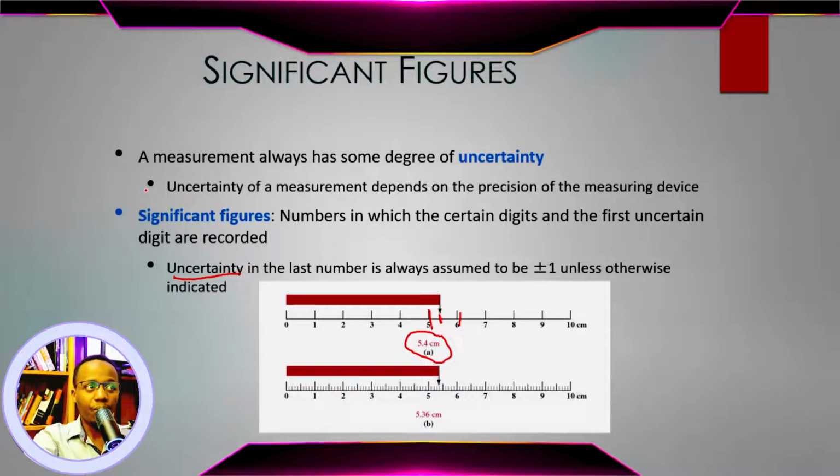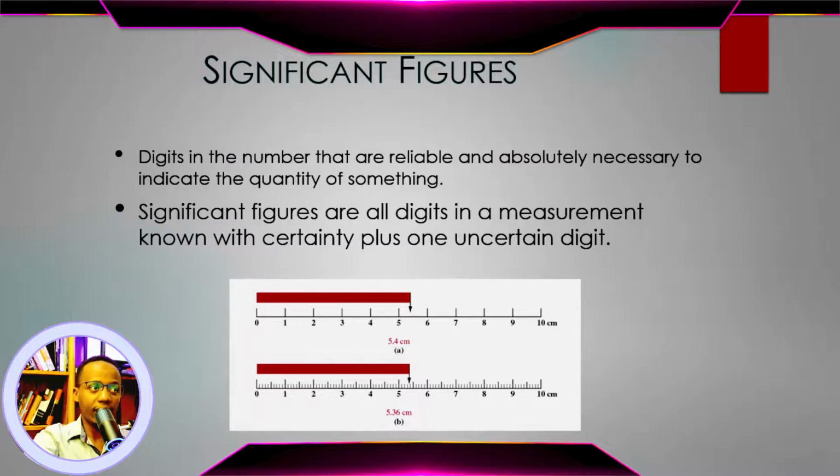These are the numbers in which the certain digits and the first uncertain digit are recorded. So we only record one uncertain digit. For example, here you can say 5.48 because we're not sure.